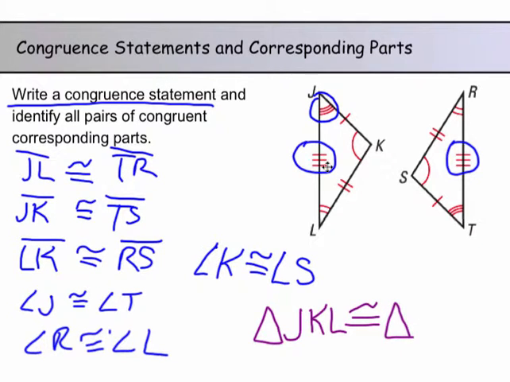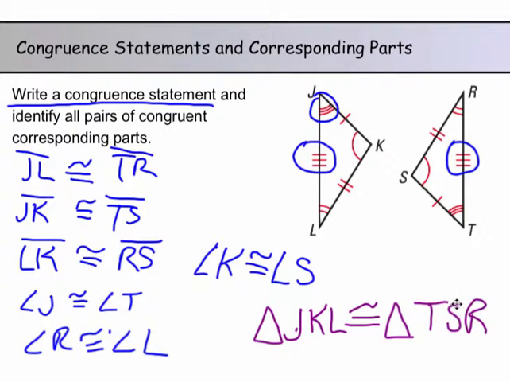Because this angle is the one that's congruent to angle T, we have to say the T first, because J and T are congruent, so they need to be in the same spot. Now K is the angle that has one line, so an S would have to be next, and then L corresponds to R, so R would have to be next. So J corresponds to T, K corresponds to S, L corresponds to R.